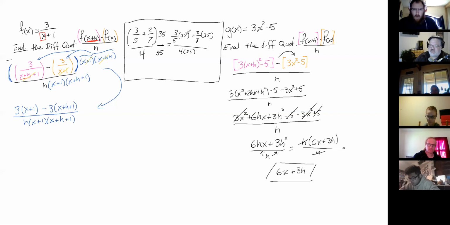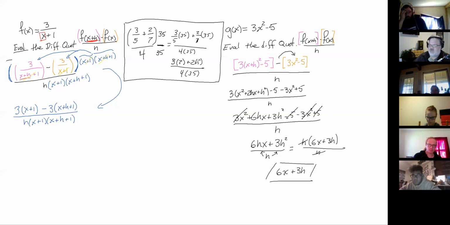And the point of that 35 is it has both 7 and 5 as multiples in it. So that 5 is going to cancel, and that 7 is going to cancel. And we would get 3 times 7 plus 2 times 5 all over 4 times 35. And this is a much easier scenario to handle.